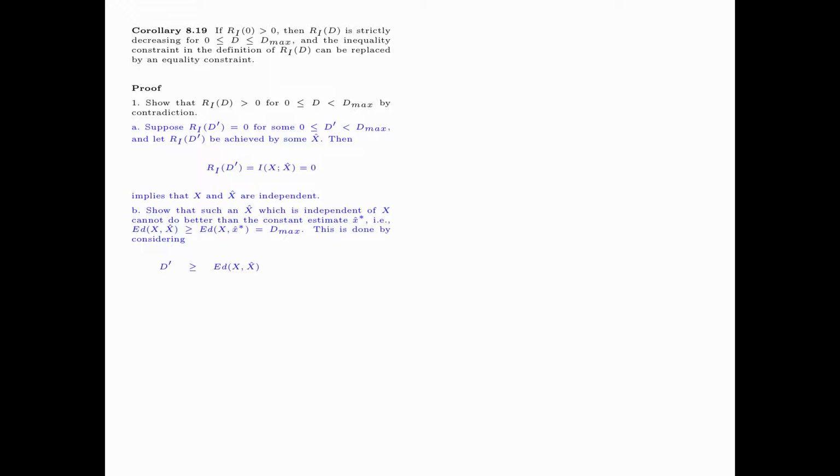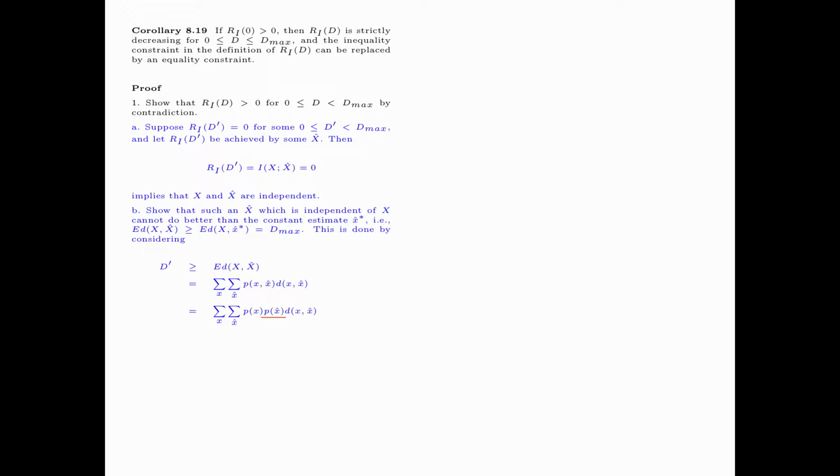First, d' is greater than or equal to the expectation of d(X, X hat), which is equal to the summation over x, x hat of the probability p(x, x hat) times d(x, x hat). Since X and X hat are independent, p(x, x hat) can be written as p(x) times p(x hat).